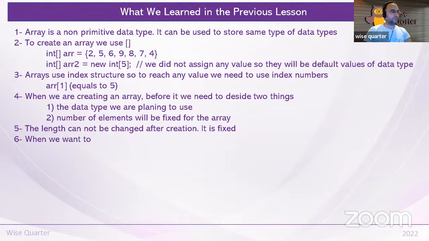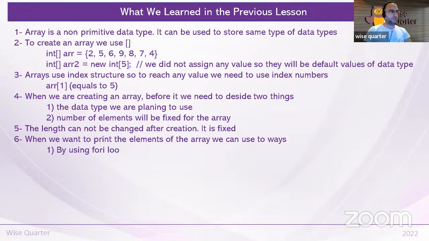When we want to print the elements of the array, we can use two ways. The first one, of course, we can create a for loop, and one by one, we can print the elements by using the index structure with the help of index numbers. Second, we can ask our big brother Arrays class.